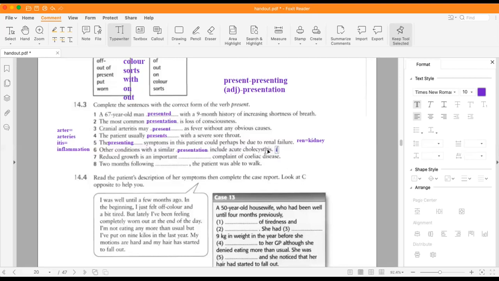Itis here means inflammation, so cholecystitis means inflammation of the gallbladder, which means in Arabic المرارة.